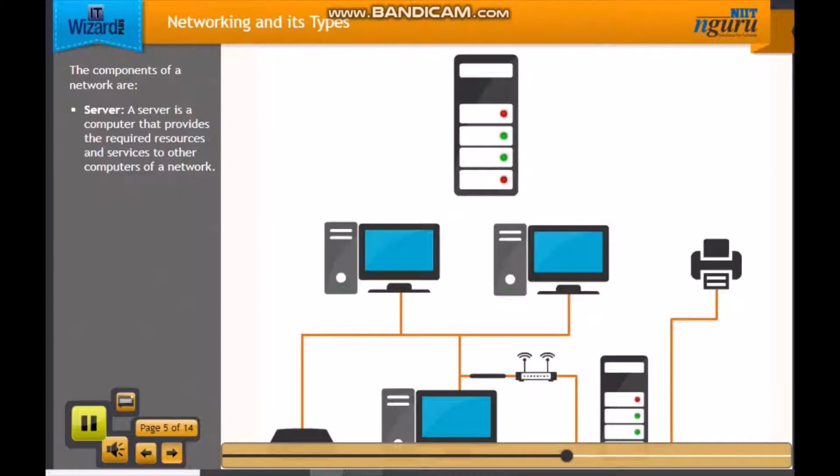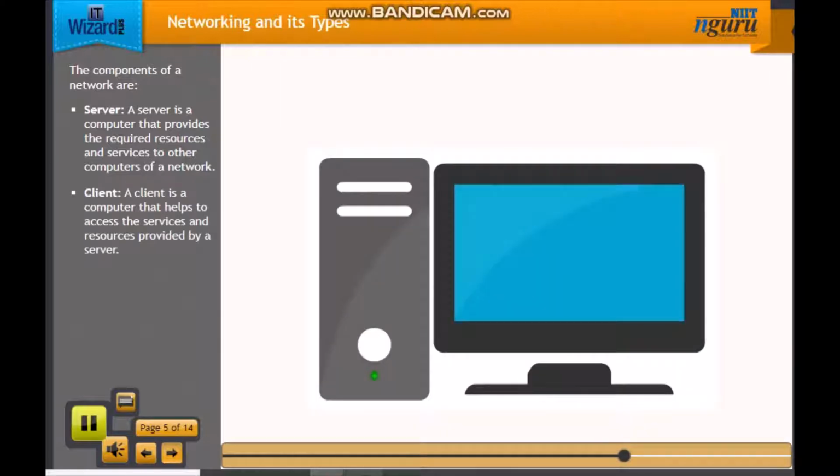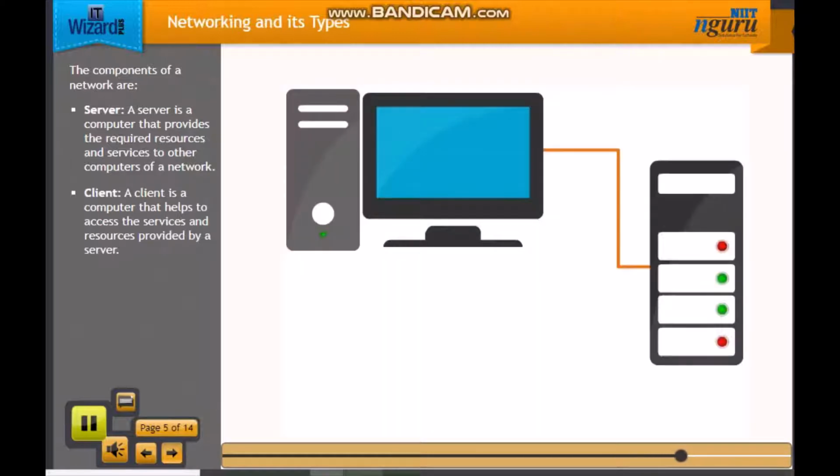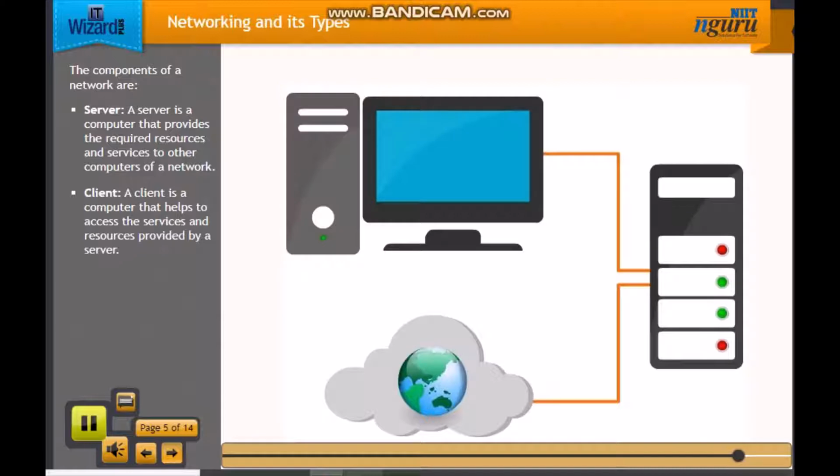In a network, there can be many servers that run simultaneously. Client. A client is a computer that helps to access the services and resources provided by a server. For example, when you search any piece of information on the internet, your computer system acts as the client.